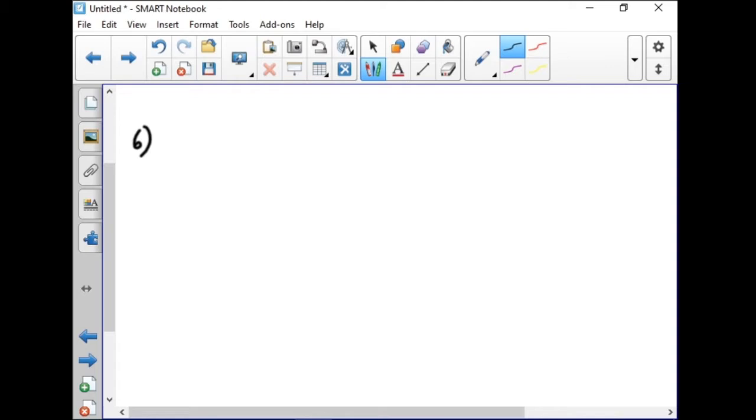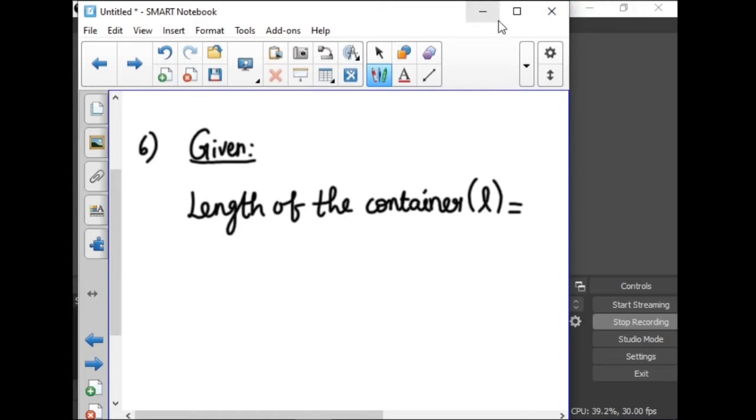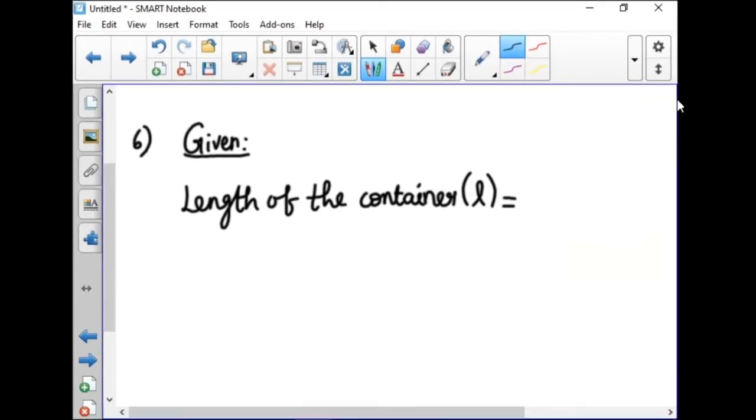Okay. So first we can write the given values. Length of the container, that is L. Length of the container is equal to 15 meter.